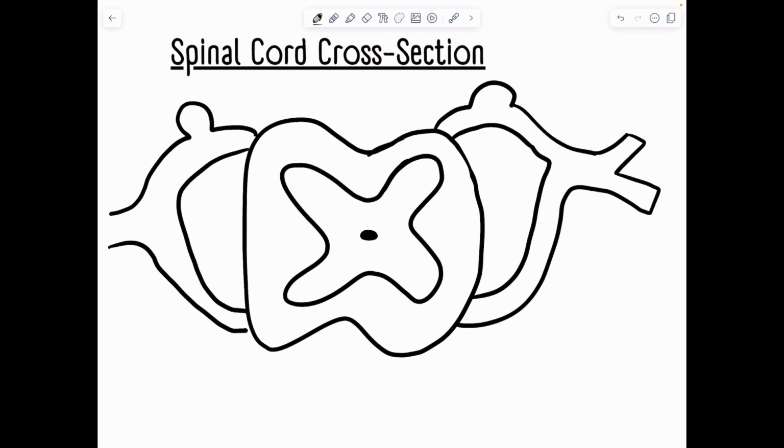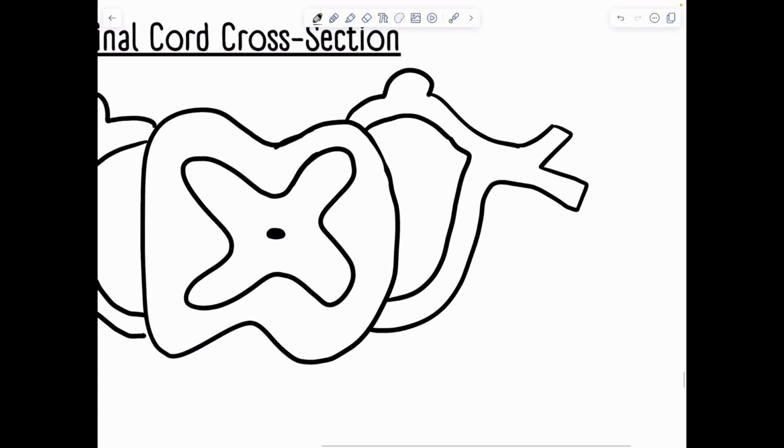Okay. Now let's define some of these parts. So right here, this is our horn, so we're going to say that this is our posterior aspect, and this is our anterior. Remember that the other terms we used for posterior and anterior, our back, is our dorsal, and anterior, our front, is also our ventral.